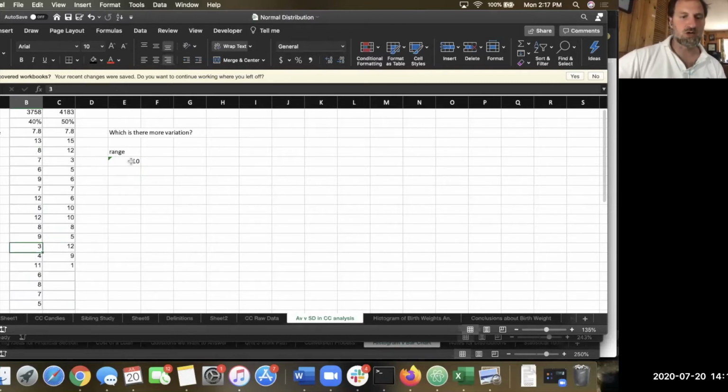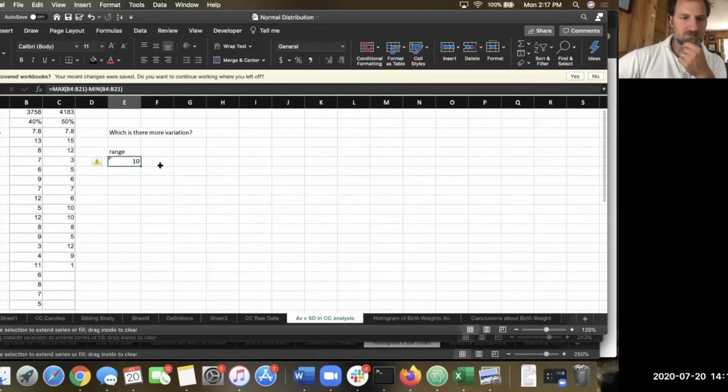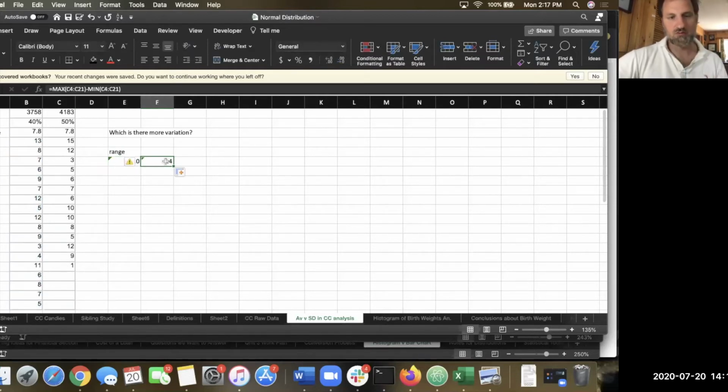In the other one, I can probably just use autofill, move it over one. The range is 14. So that's evidence that there's more variation in the second one. You might have guessed that based on the fact that I got 15 once, but I also got 1 once, so that was more variation than we saw over here.